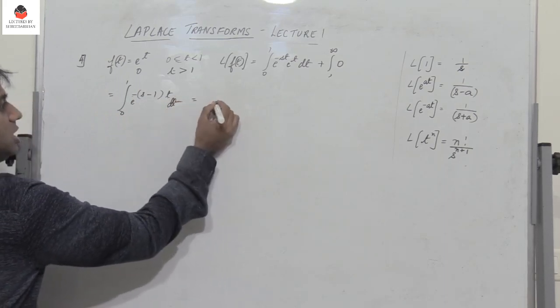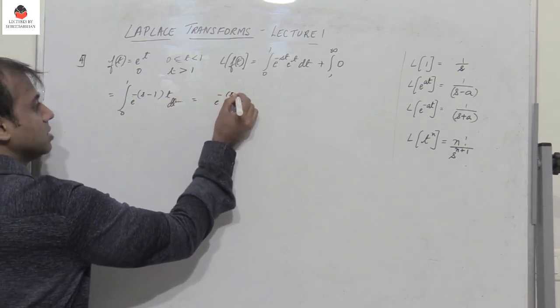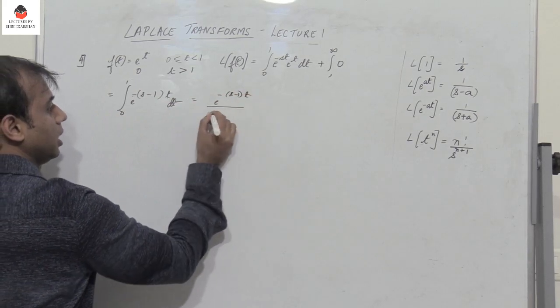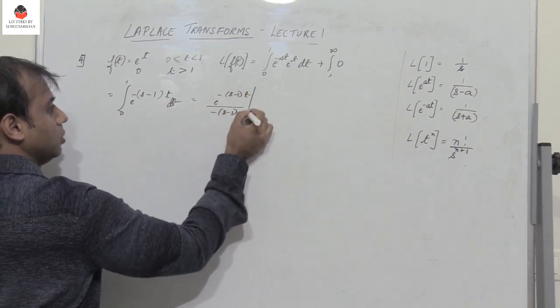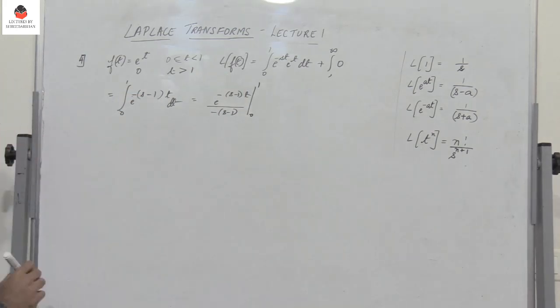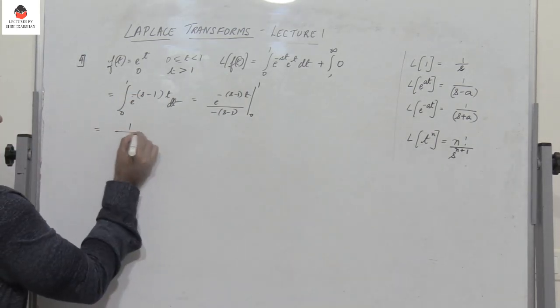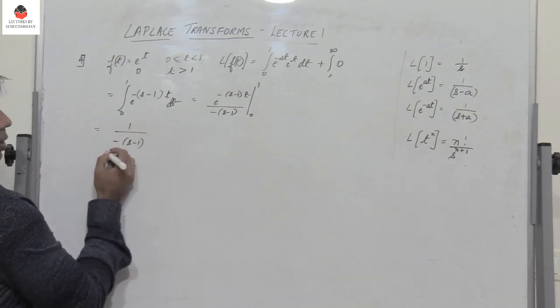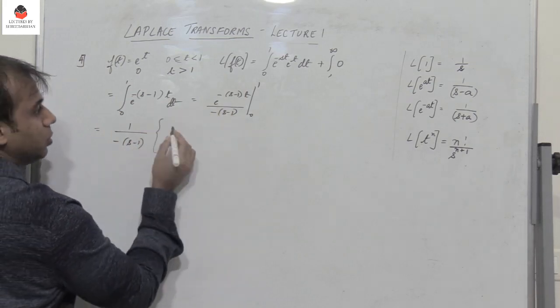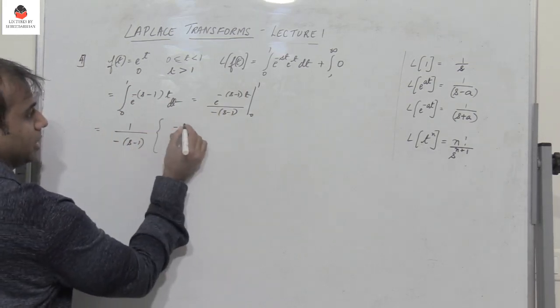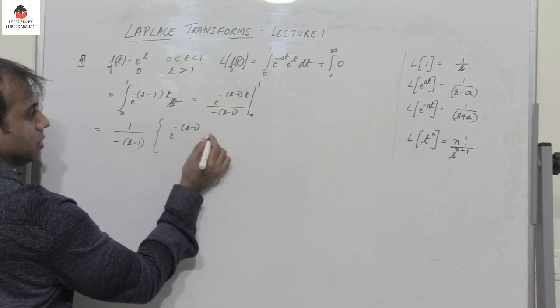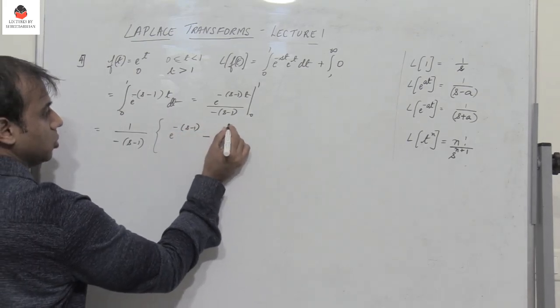So this is e power minus (s minus 1) into t divided by minus (s minus 1), within the limits 0 to 1. So I have 1 by minus (s minus 1), right? Put t equal to 1. You get e power minus (s minus 1) minus e power 0.